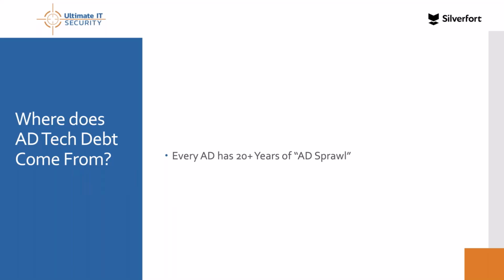But what we rarely do is go back and clean up the tech debt, right? If it ain't broke, don't fix it, I think is the notion more often than not. And it's really difficult. Active Directory sprawl is a really good way of talking about it, because it is just sprawl, and it's nearly impossible to get a grasp on everything if you don't have an army of people looking at all those details throughout time.